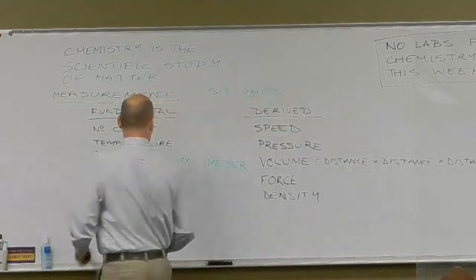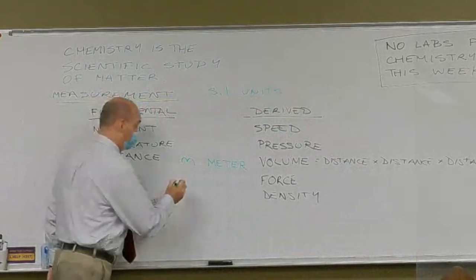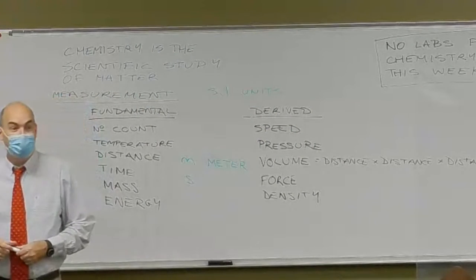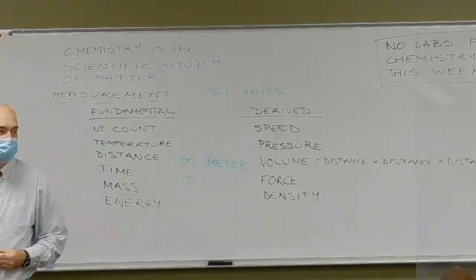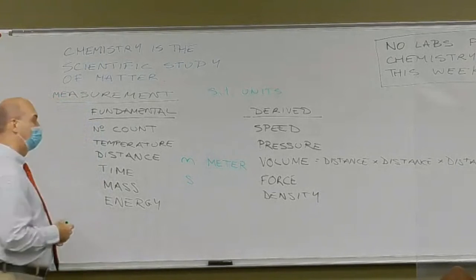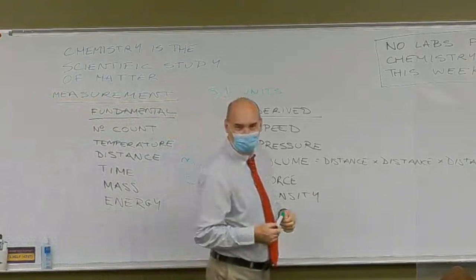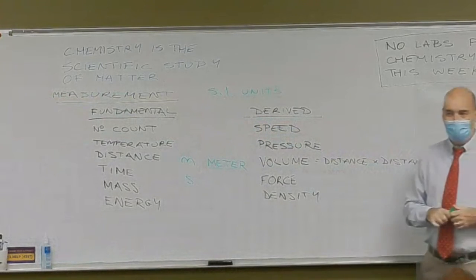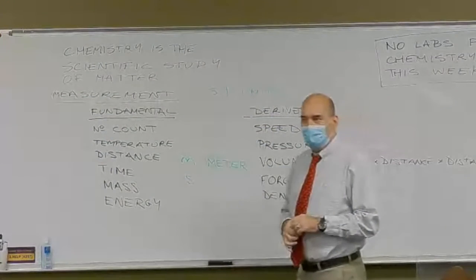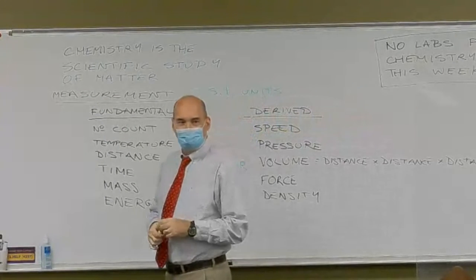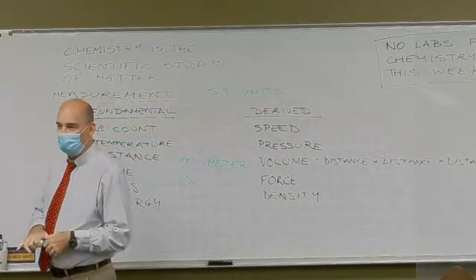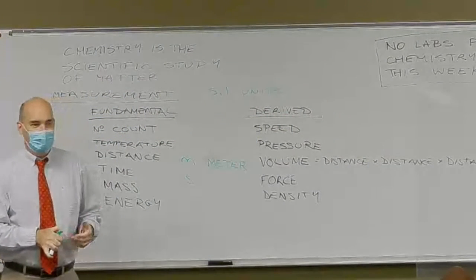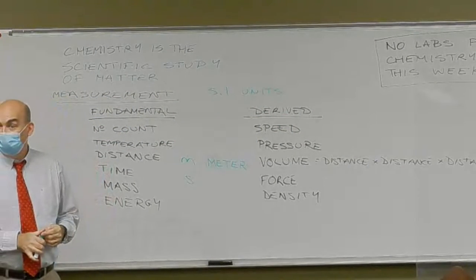Okay. We measure time in seconds because seconds are decimal. Minutes are not decimal. There are 60 seconds in a minute, and there are 60 minutes in an hour, and there are 24 hours in a day, and there are an indeterminate number of days in a month.